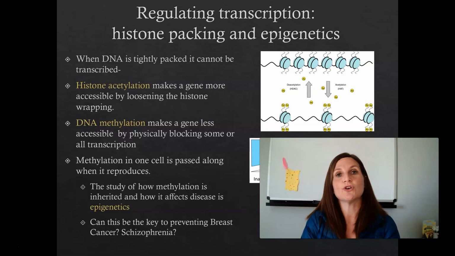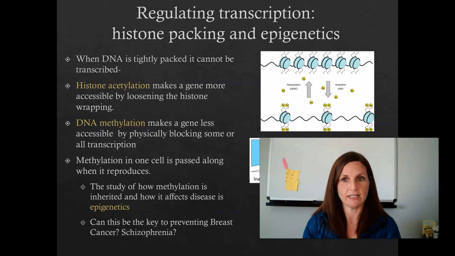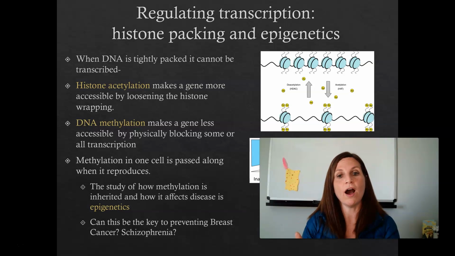In order to turn off a gene or turn down or inhibit a gene from being produced, we want no histone acetylation. That would make the gene tightly packed. And we want lots of DNA methylation, which would block the gene. So to turn down or off, no acetylation, but lots of methylation.